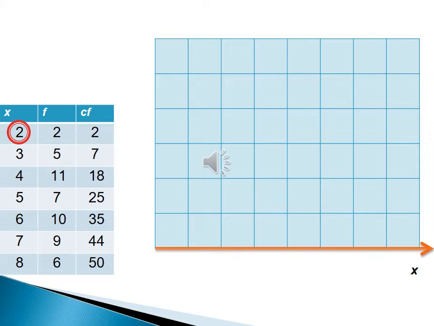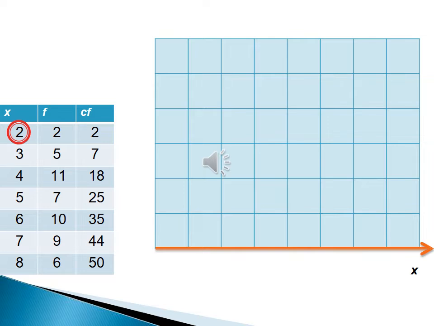so they should be located on the y-axis. Next, we have to be careful about the plotting scale. One grid shows one class mark or one class or one independent variable, and similarly on the y-axis one grid shows one dependent variable or one cumulative frequency value.